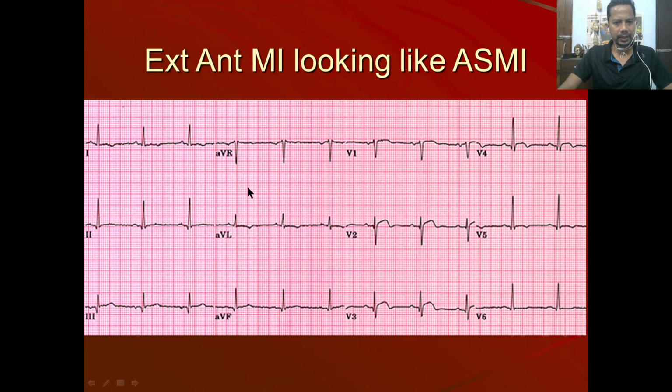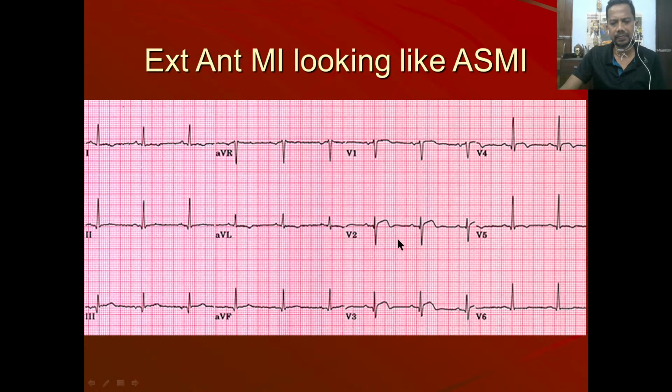So this is extensive anterior MI, but if you look at a glance, if you are very busy and you just look like this, you might just say, oh, this is anteroseptal MI. That is also serious, but patient has changes in so many leads: coving, flat T, coving, Wellens, high LAD block. Wellens, biphasic T is Wellens.